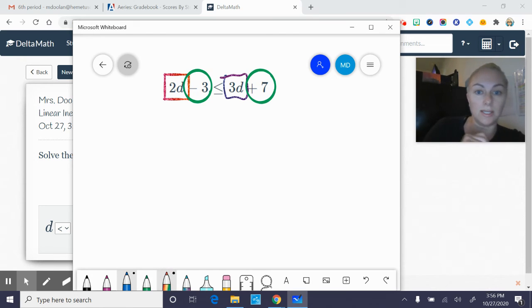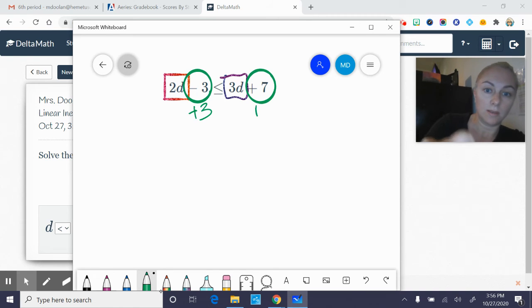To get these constant terms all to the right, we've got to get rid of the -3, which then means we add 3. Do the same thing on both sides. And to get all of my terms with the D in it to the left, we're going to subtract 3D.